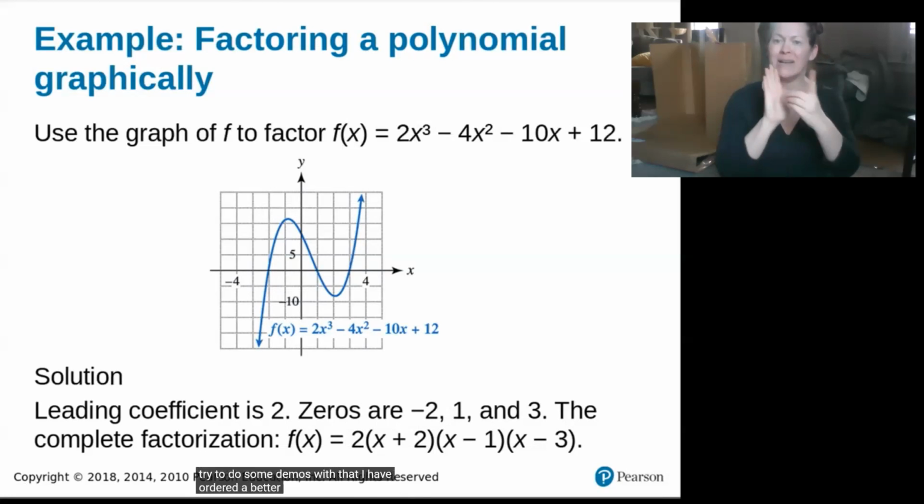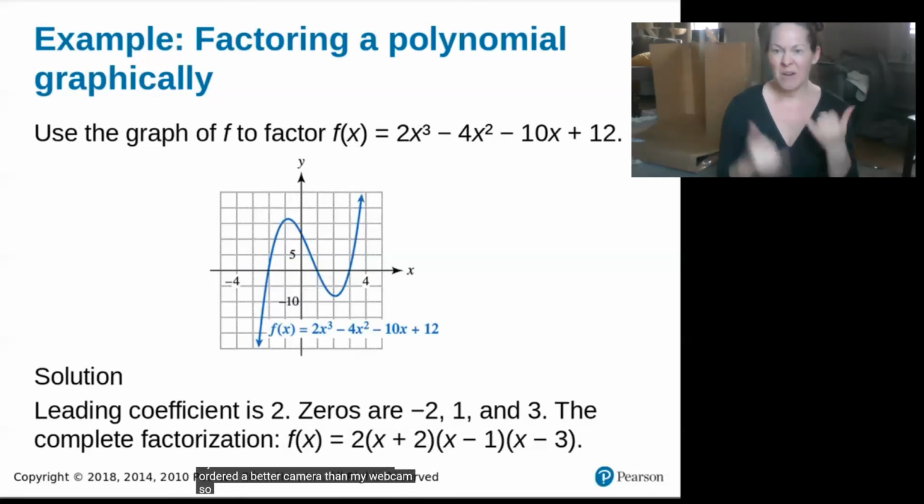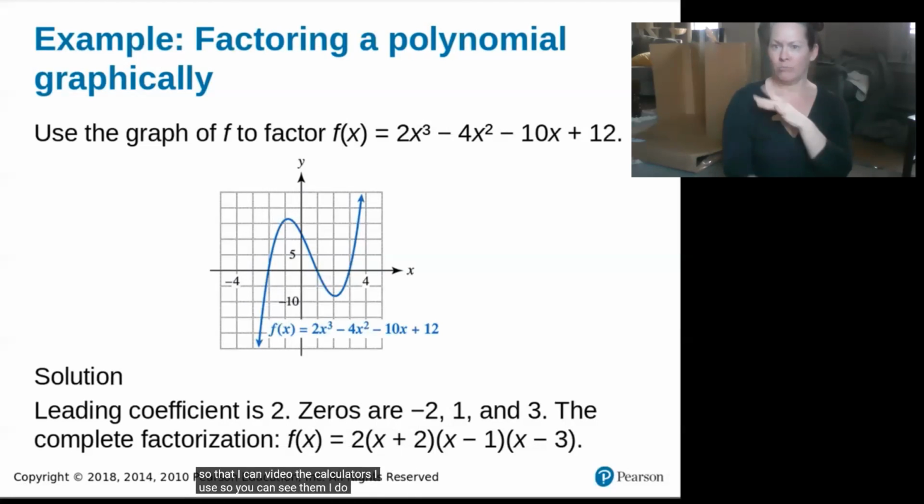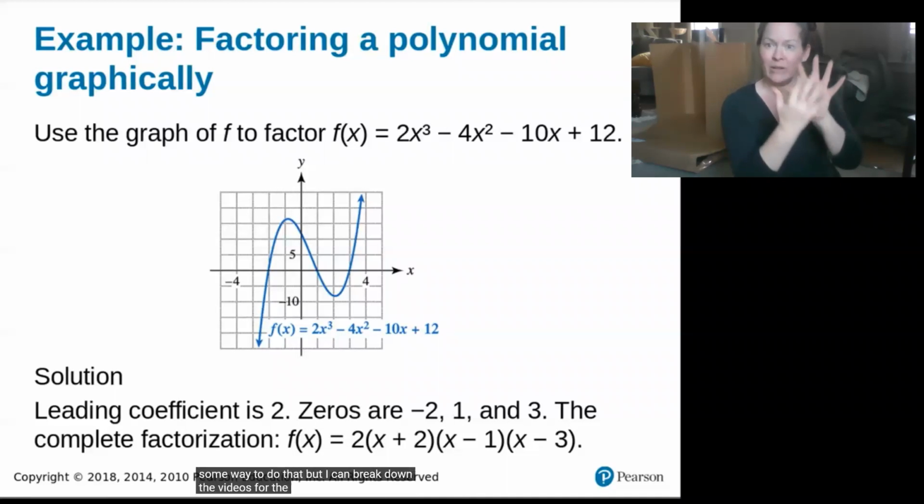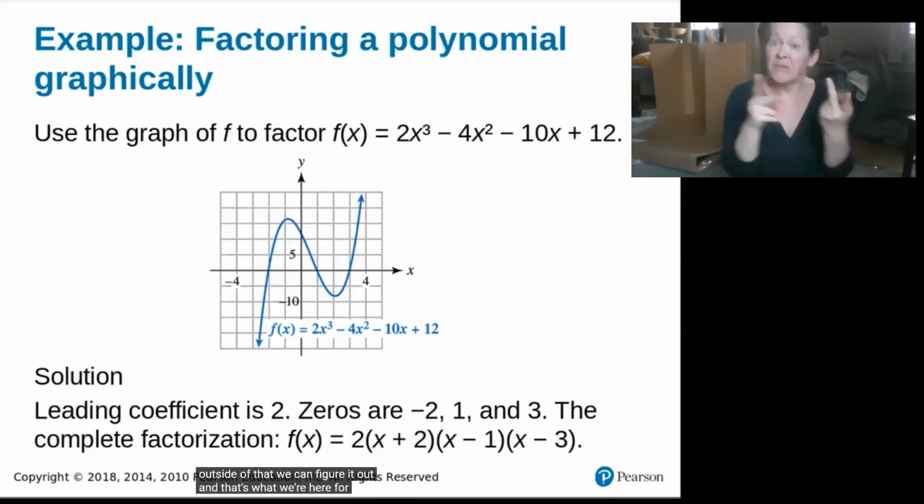I have ordered a better camera than my webcam so that I can video the calculators I use so you can see them. I do not have a calculator interface or emulator. I'm looking for one of those also, but I can break down the videos for the main graphing calculators, the TI series. If we're outside of that, we can figure it out. That's what we're here for.